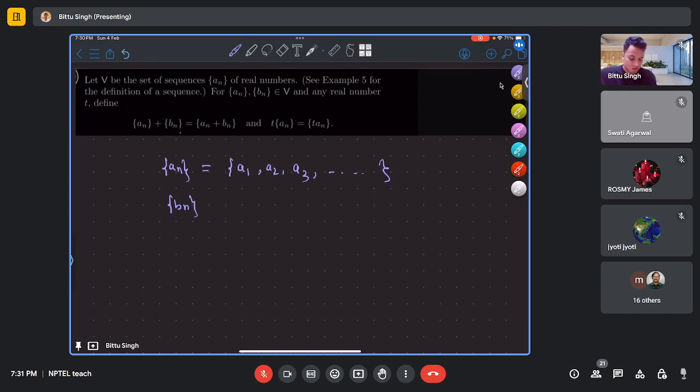So addition should satisfy associativity. an plus bn, then add cn.